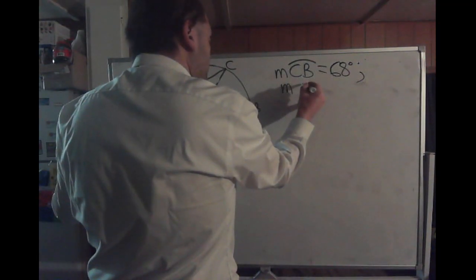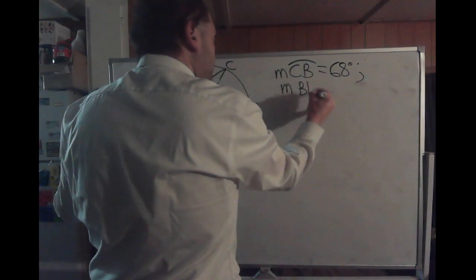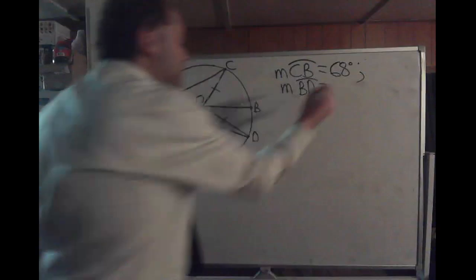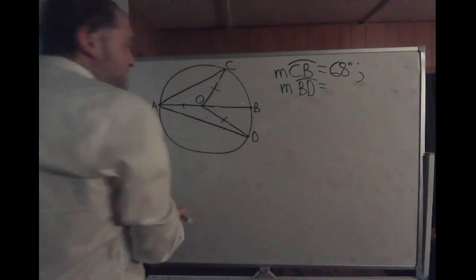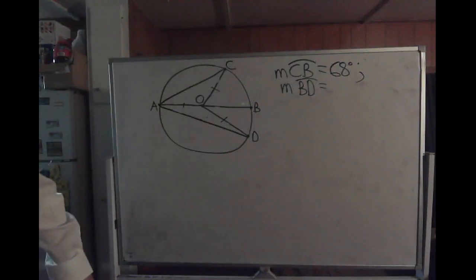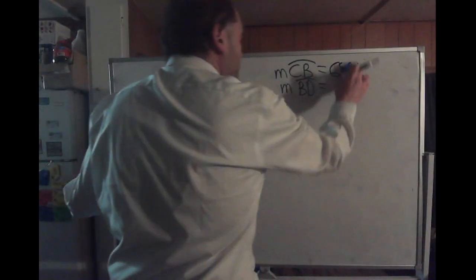We are also given that the measure of minor arc BD is going to be equal to, well, actually it's 60 and 28, I believe. I had that one wrong. This is 60 and 28. My bad. I don't want to start out wrong here.